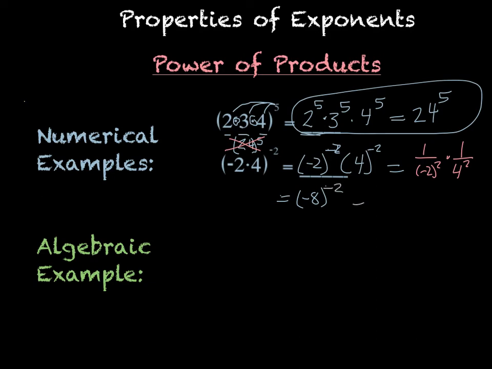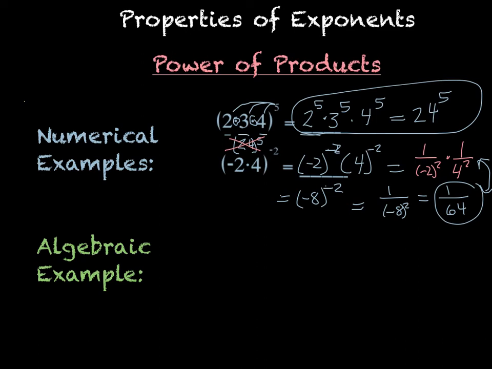Okay, if we do it this route, then all we would have is 1 over negative 8 squared, which would be equal to 1 over 64. That might be an easier way to solve this one. Either way, you would end up getting the same answer, because that would equal 1 over 64.